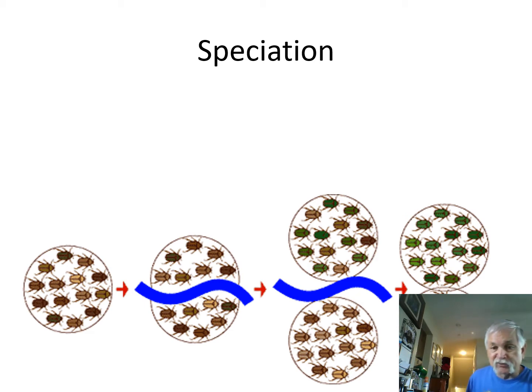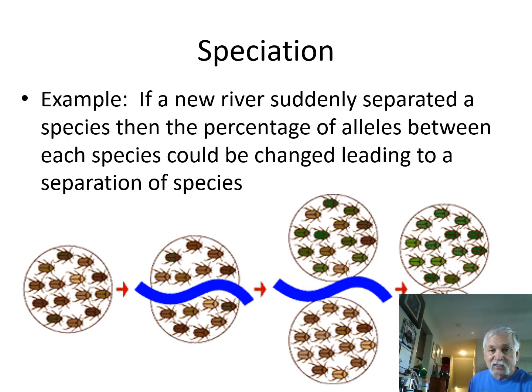One much greener in color and one a reddish, brownish, tan color. And you need to understand that when they become a totally separate species, they're no longer able to mate with one another. All right, so if a new river suddenly separated them, over time you're going to see this separation. So there we go.